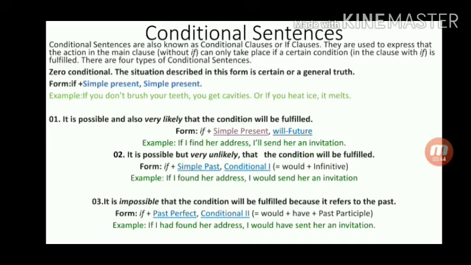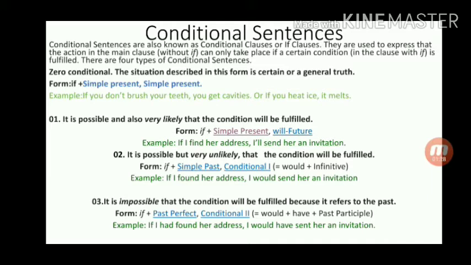Number two, the if clause tells you the condition. Where is the condition put in conditional sentences? The condition is put in the if clause. When you say, "If you study hard," the condition is "if you study hard," and the main clause tells you the result of the condition.